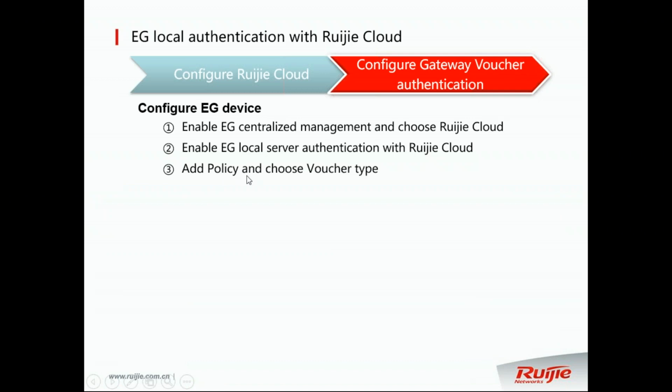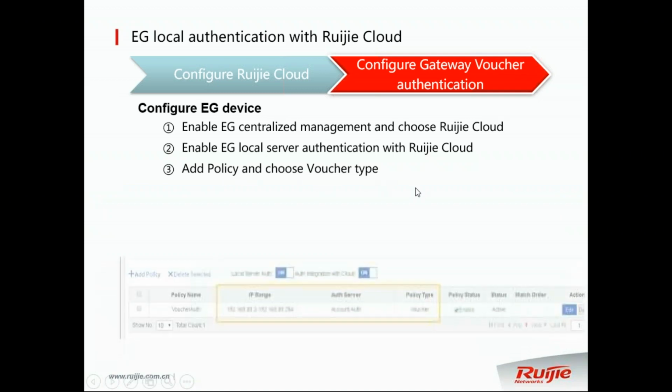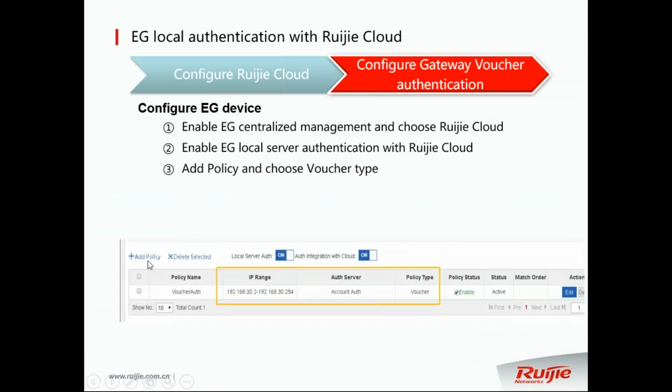Then now you can add the policy and choose the voucher type. You add a policy, for example we use virtual authentication for the policy name, then the IP range for which users, then the authentication server, use account authentication, then the policy type is voucher, then policy status, enable it.